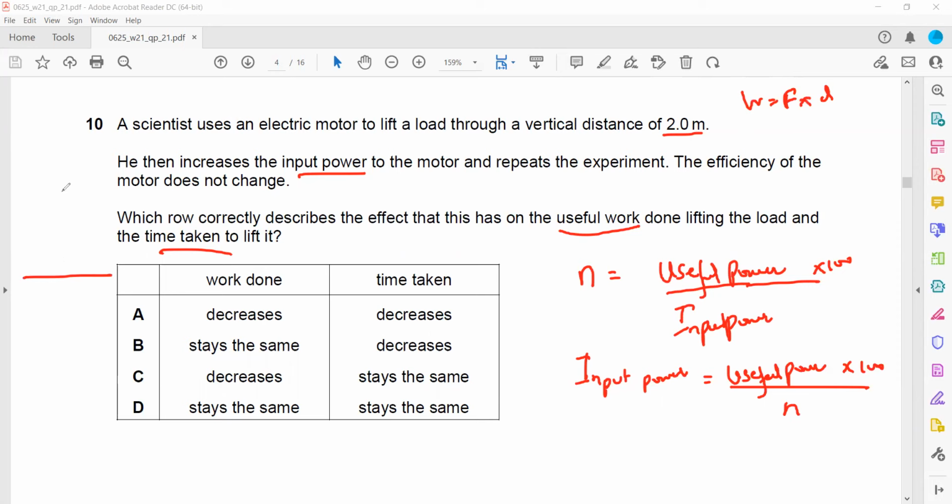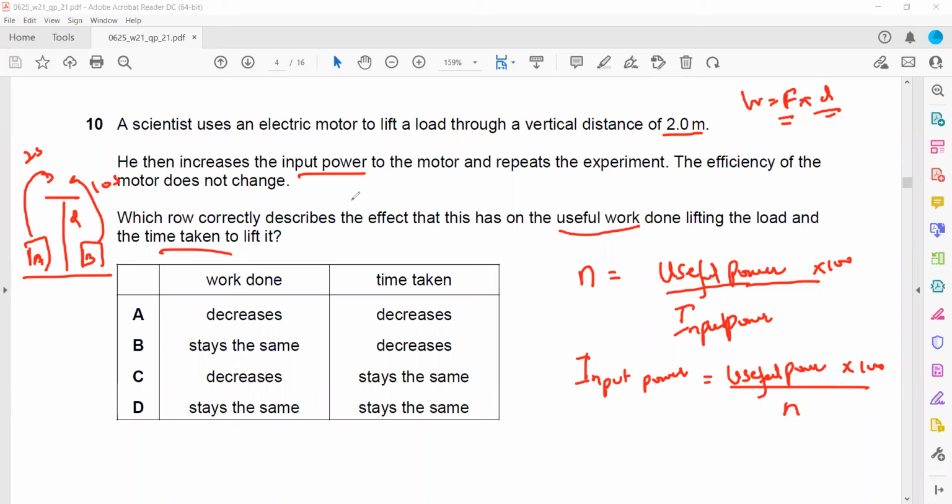If I'm lifting two identical objects to the same height, one in 2 seconds and another in 10 seconds, the work done does not change. Work done depends on how much load we are lifting and for what distance, not on the time. So if we increase the input power, the work done does not change.